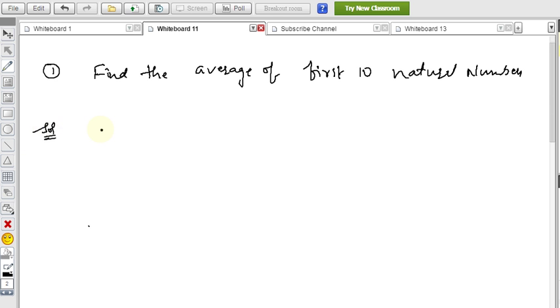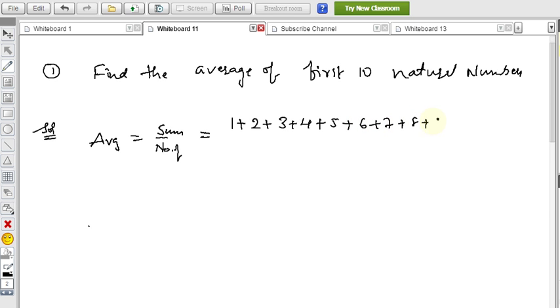Let us see this sum of the first 10 natural numbers. So according to our formula, average is equals to sum by number. Sum is nothing but addition. Then number of observations, there are 10. So we need to add all the numbers, 1 plus 2 up to 6 plus 7, 8 plus 9 plus 10.